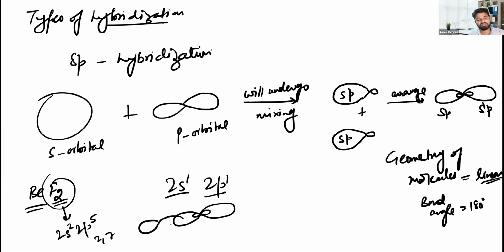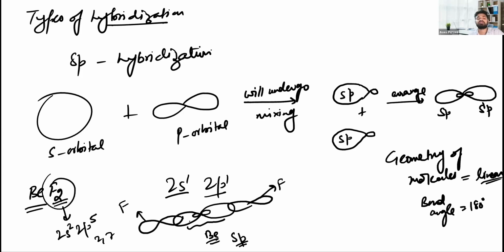That will be of original shape, and that will be of original shape. So this will be the structure of BeF2. This is the fluorine p orbital. This is also a fluorine p orbital, and this is the central atom Be, which has intermixed orbitals, sp.